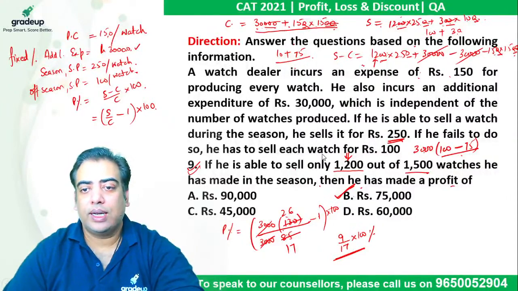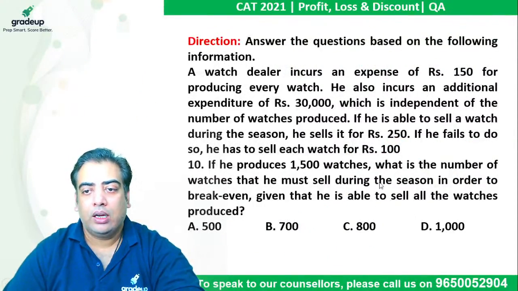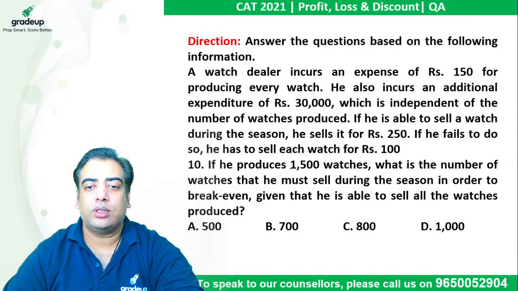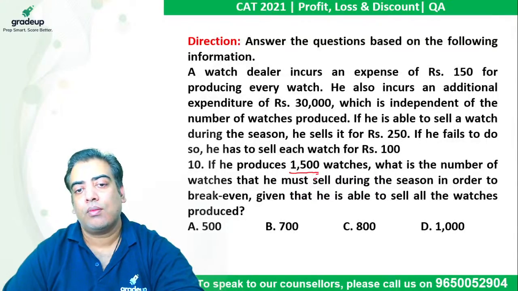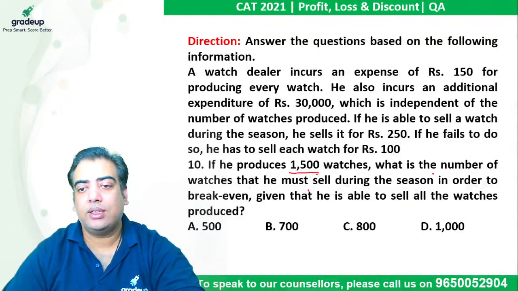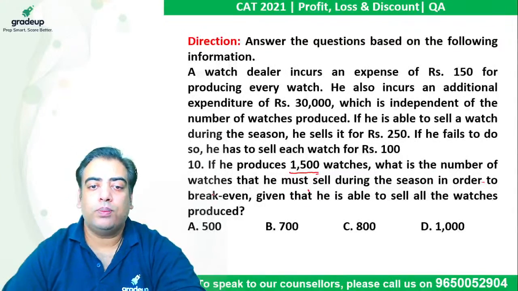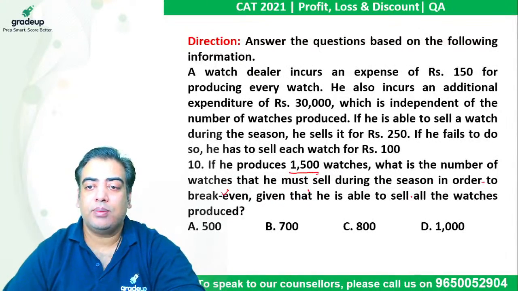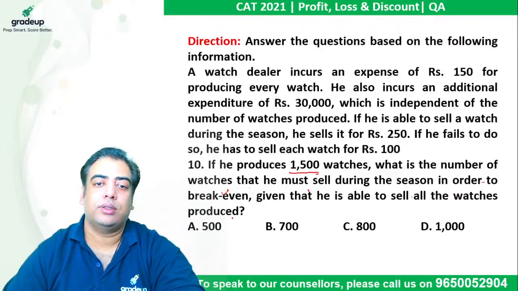So let's move on to the next. Here it says, if he produces 1500 watches now, what is the number of watches that he must sell during the season in order to break even, such that your selling price is equivalent to cost price, given that he is able to sell all the watches produced?